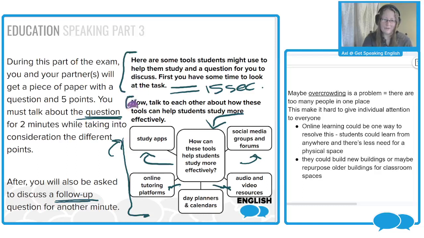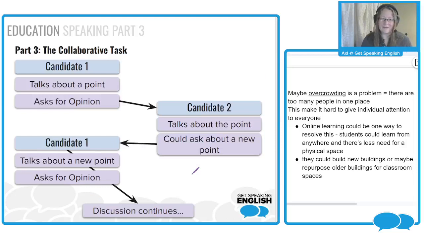And then they'll say, now talk to each other about how these tools could help students study more effectively, right? So again, they just reiterate the question that's written on the page, and now you'll have to discuss this with your partner.